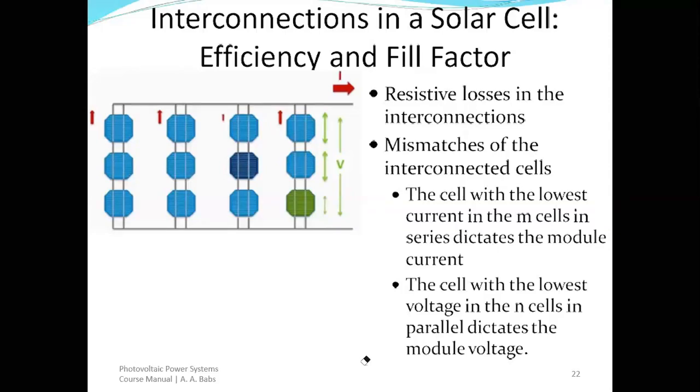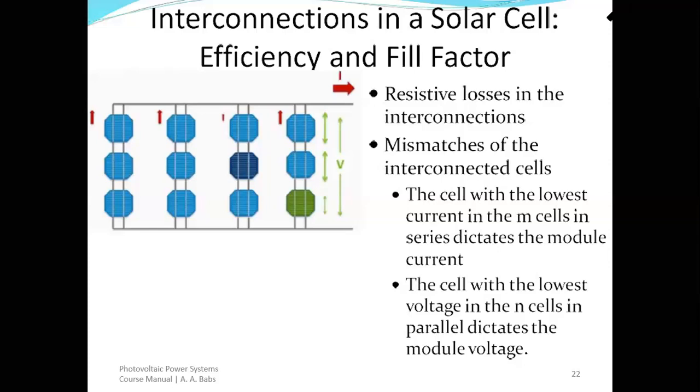All right, we have what we refer to as resistive losses in interconnections. As a matter of fact, there are several losses when we connect solar cells together in the module, all right? For a single solar cell, we can find its efficiency. And then when we put many solar cells together to make up a solar module, we can also find the efficiency of that module.